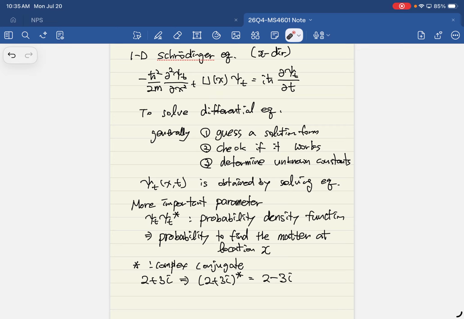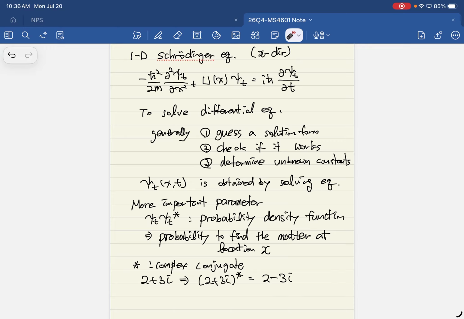So it can have a probability to find the matter at location 0, and a different probability at different x locations. Okay? So here it's not going to tell us exactly where the matter is located. It's only going to tell us the location probability.